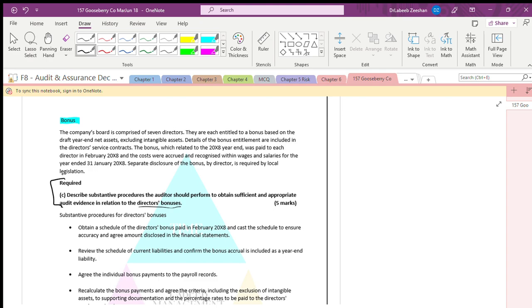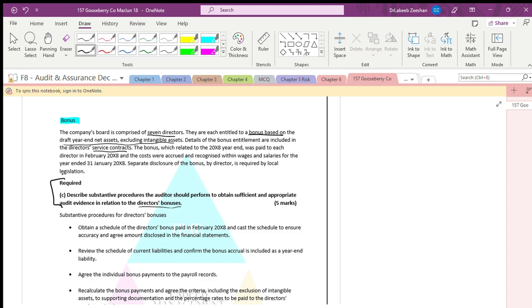The company board is comprised of 7 directors. They are entitled to a bonus based on the draft year-end net assets excluding intangible assets. Details of the bonus entitlement are included in the directors' service contracts.